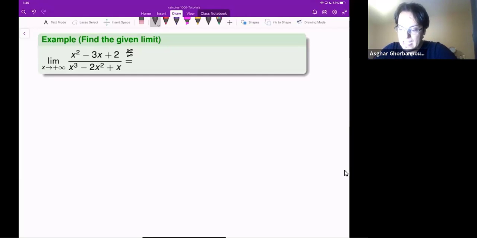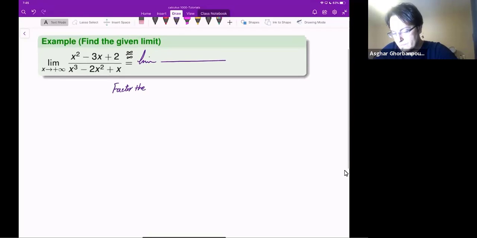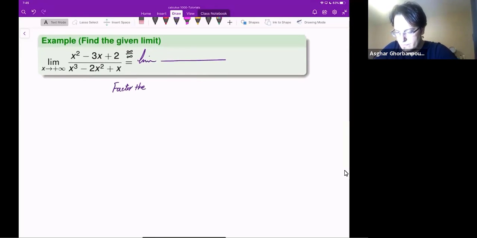To resolve that indeterminate form, you factor out the x with the term of highest degree of x.